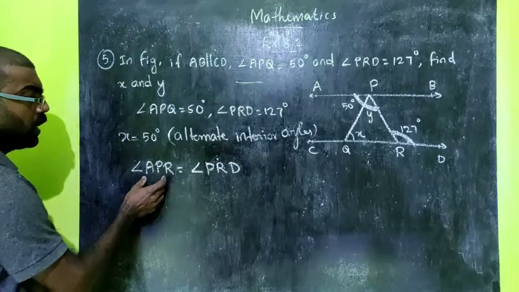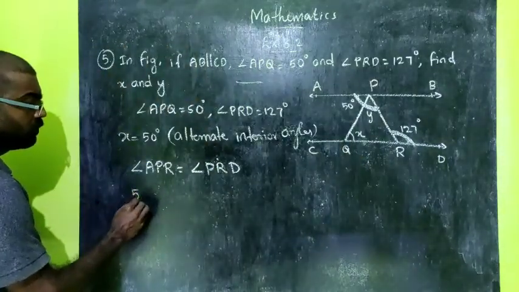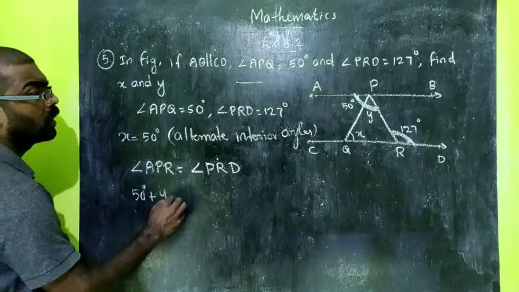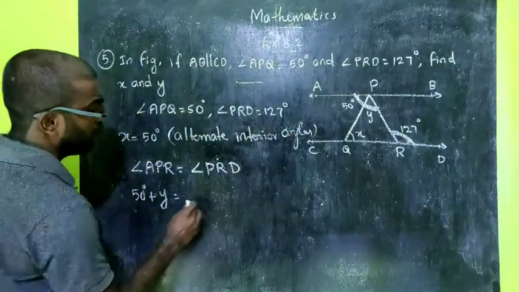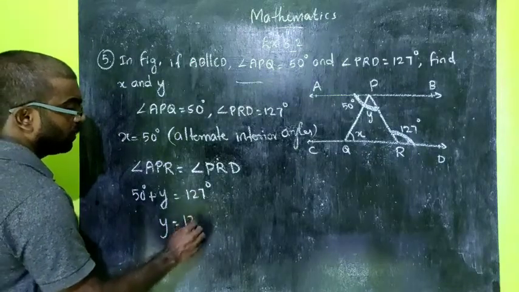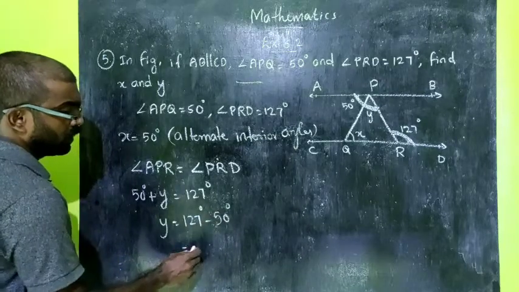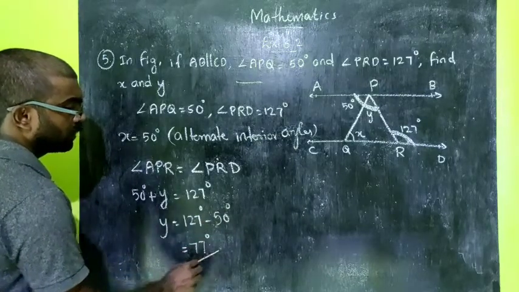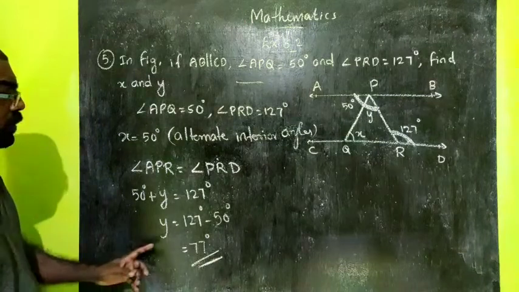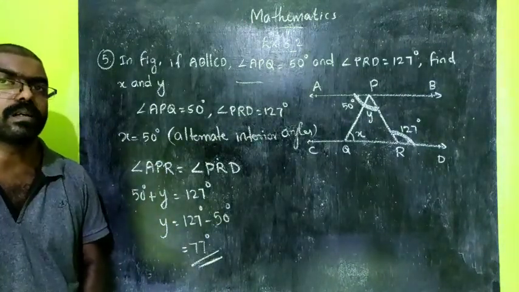Now we can split angle APR as 50 plus Y. So 50 degrees plus Y equals angle PRD, the value is 127 degrees. Therefore Y is equal to 127 degrees minus 50 degrees, which gives 77 degrees. So the value of Y is 77 degrees and the value of X is what? 50 degrees. Okay.